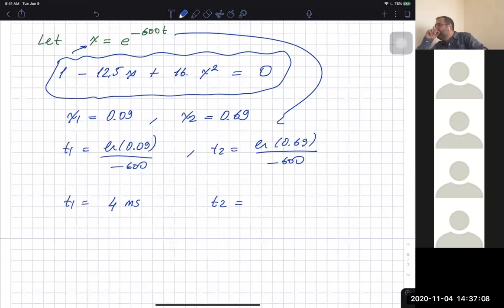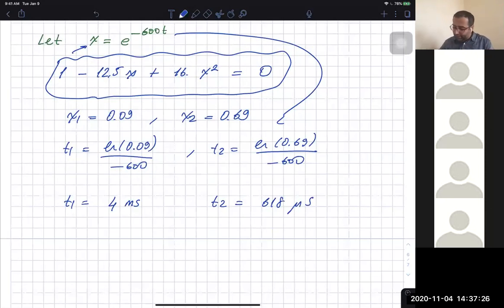Someone says something. T2 is 618 microseconds. Wait a second. I will just say µs, like that, U is micro, or I can just say micro S.